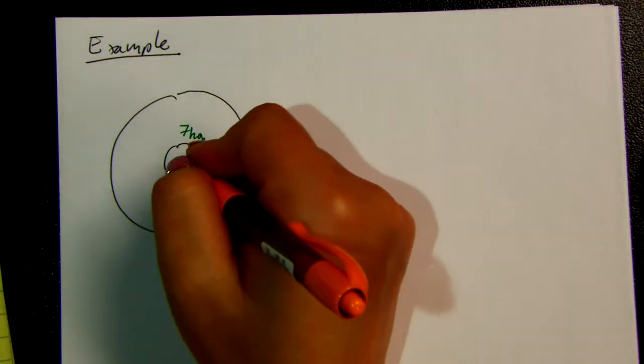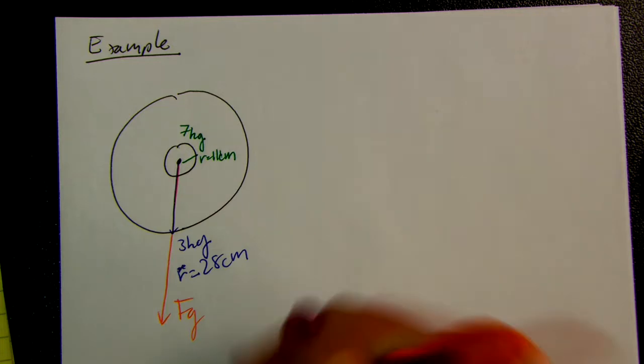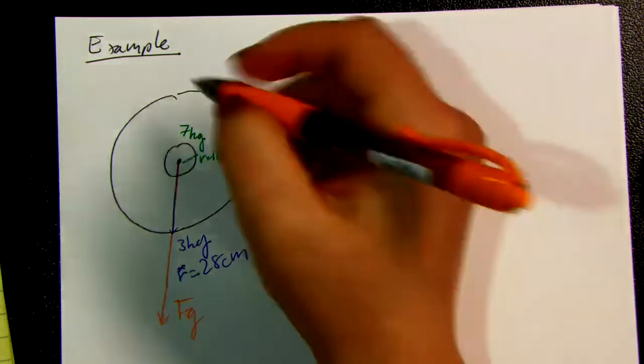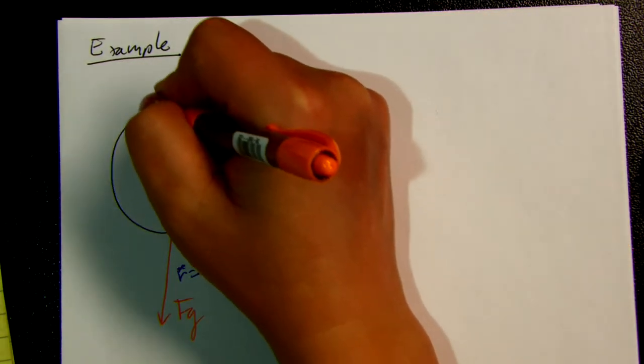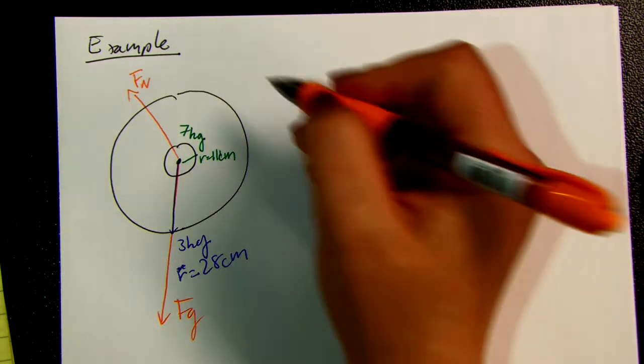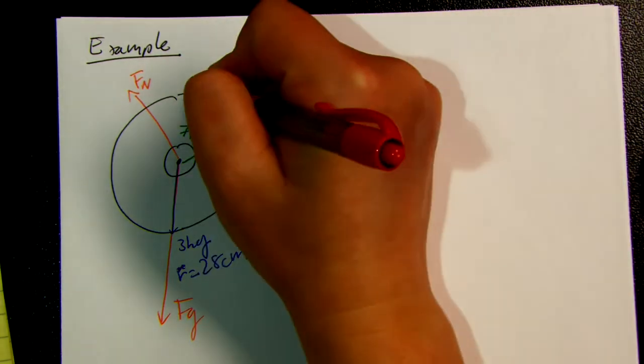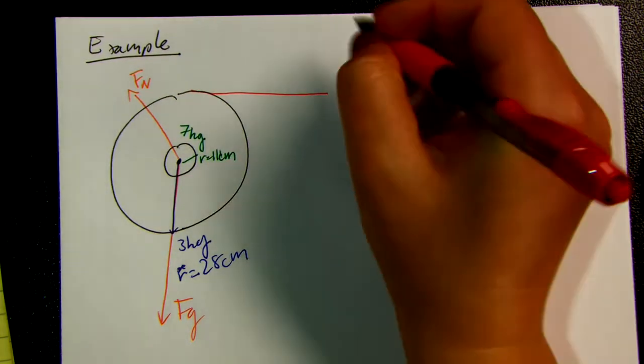Now it's got some forces on it. We've got the force of gravity pulling directly down, and then you also have the normal force of the axle. And now let's say that you had a string wrapped around it, and you're using that to rotate the wheel in place.